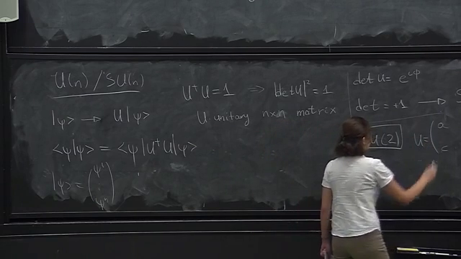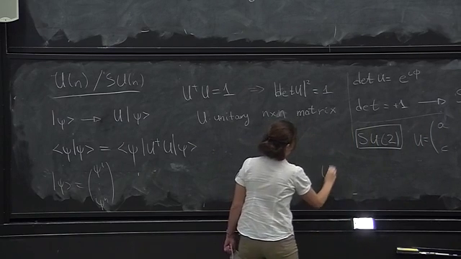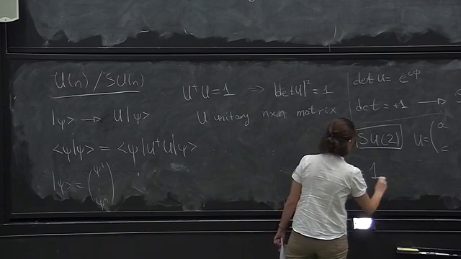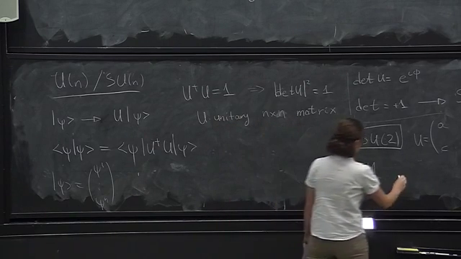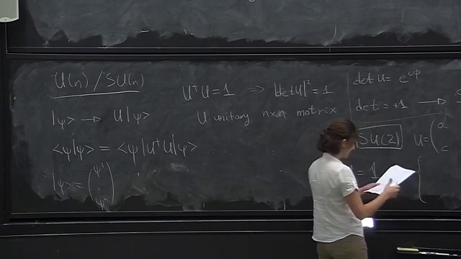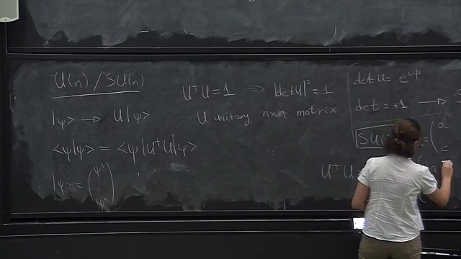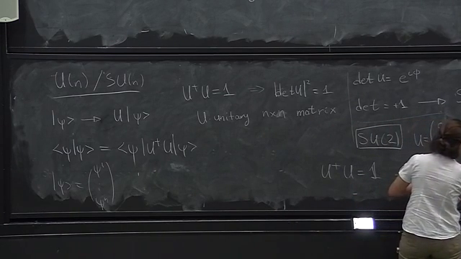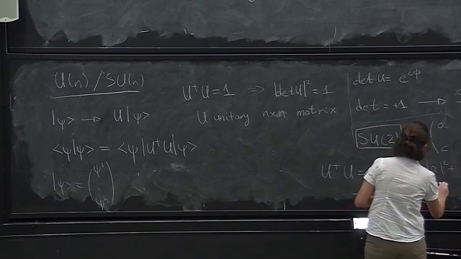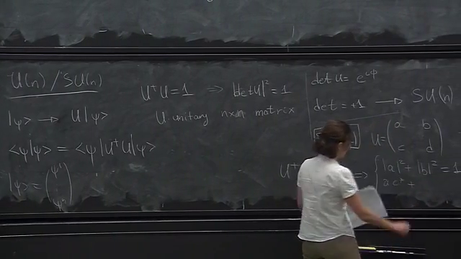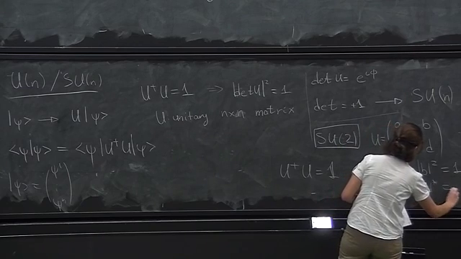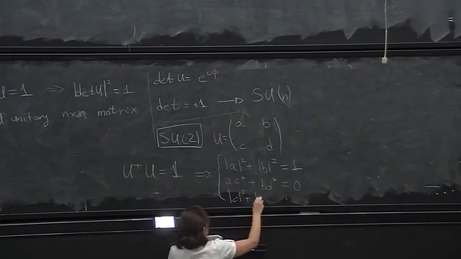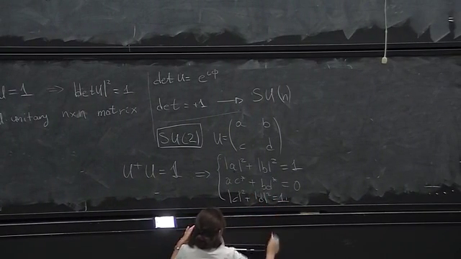This will be U. You can easily check that the requirement that U dagger U equals the identity is equivalent to this set of relations: norm A squared plus norm B squared has to be equal to 1, A C star plus B D star should be equal to 0, and norm of C squared plus norm of D squared should be equal to 1.